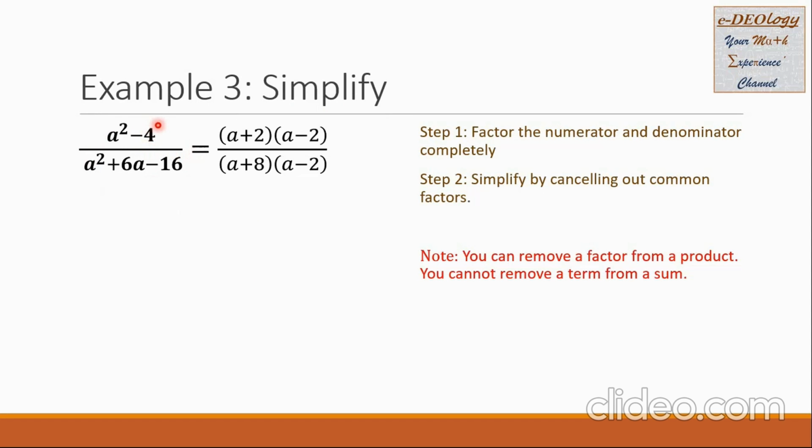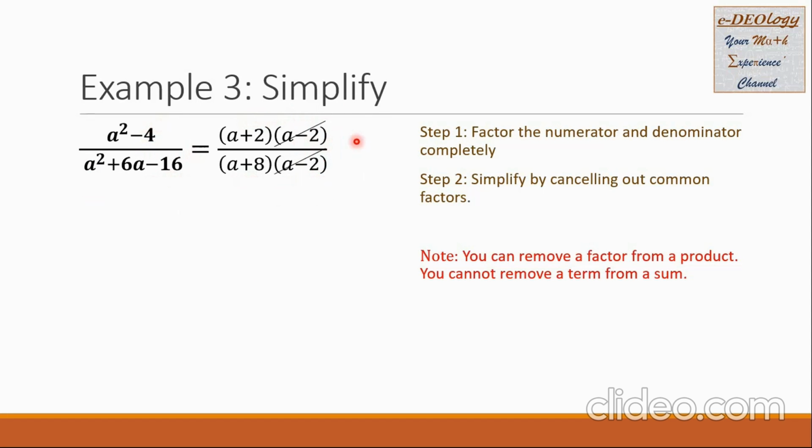The a squared minus 4 becomes a plus 2 times a minus 2. In the denominator, the factors are a plus 8 times a minus 2. Now, we will cancel the common factor, and that is the a minus 2.